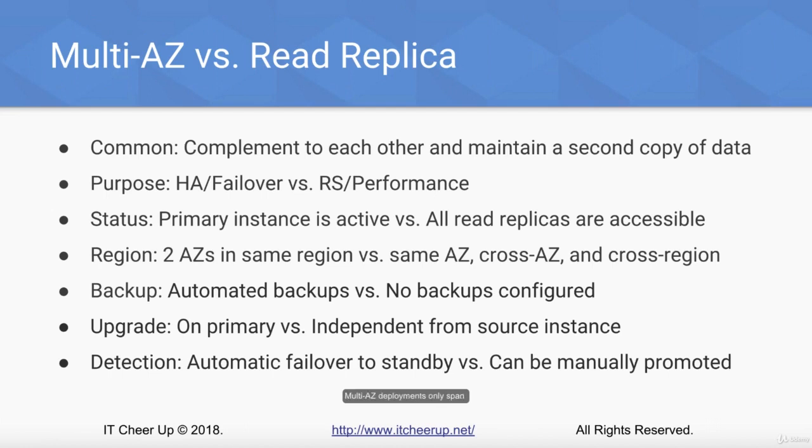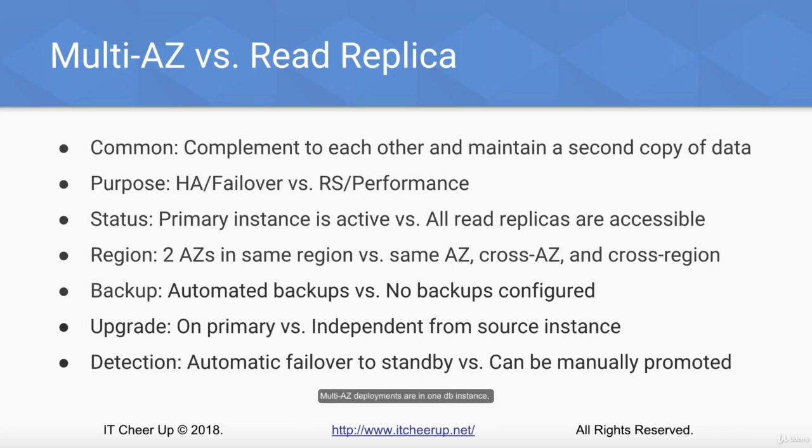Multi-AZ deployments only span 2 availability zones within a single region, while read replicas can be within the same availability zone, cross-AZ, or cross-region. Automatic backups are taken from a standby on multi-AZ deployments, but there are no backups configured by default in read replicas.